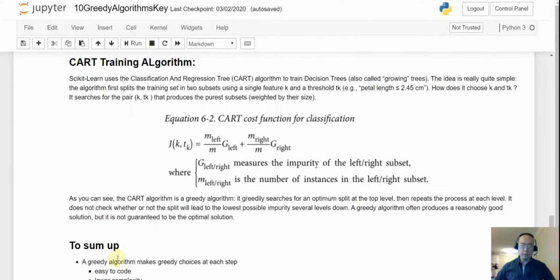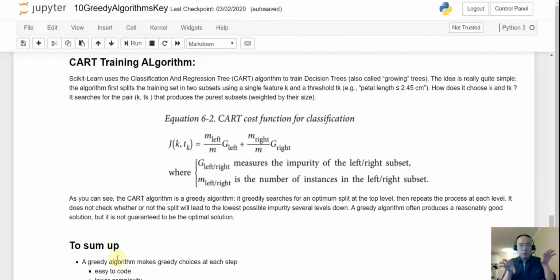As we said, what's the problem of a greedy algorithm? The greedy algorithm doesn't guarantee to produce the optimal solution. So what does that mean in the decision tree? For a decision tree, we make a greedy choice on the first split, and after the first split we are going to have 2 nodes, right?